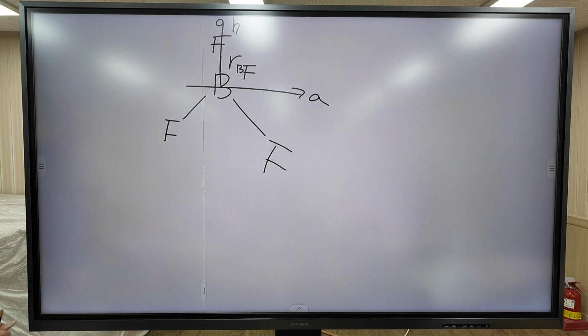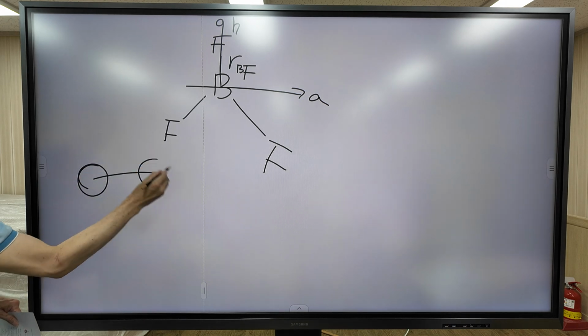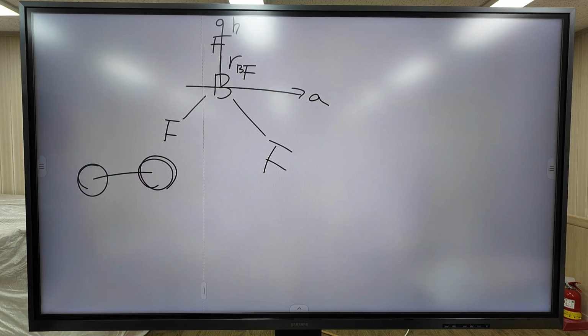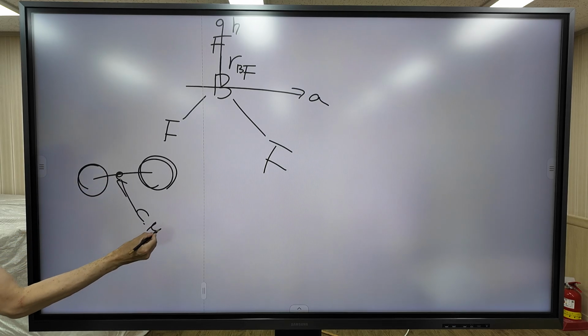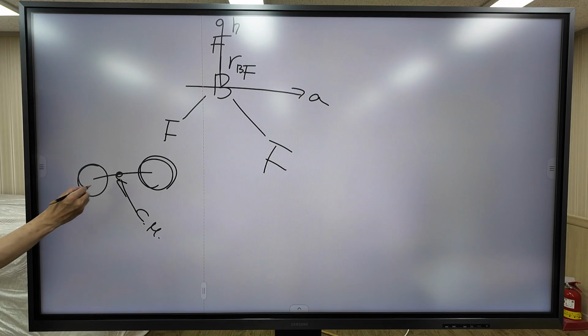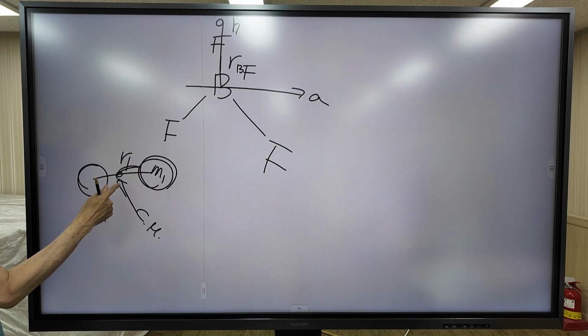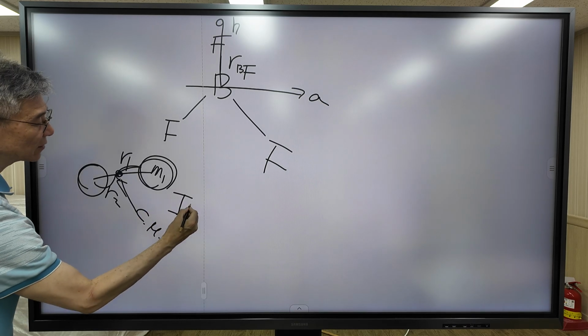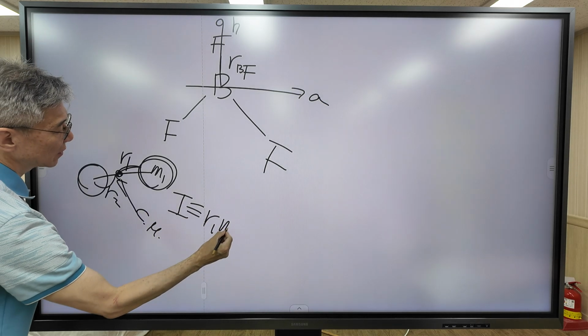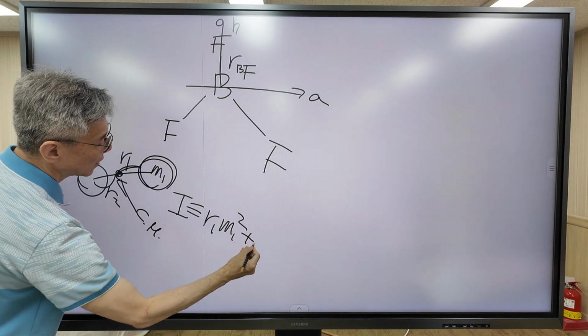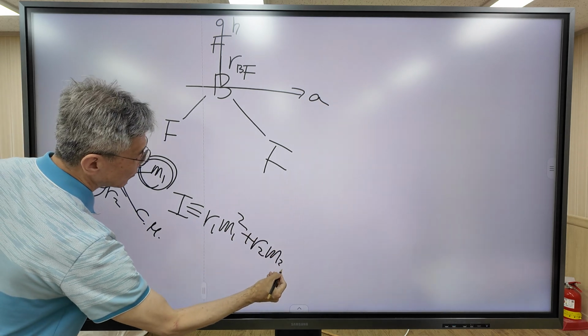First, I'm going to recall how to calculate the moment of inertia of this molecule. In this molecule, we can define the moment of inertia. R1 is the distance of atom 1 from the center of mass. This is the distance R2. And I is defined as this one: M1 R1 square plus M2 R2 square.